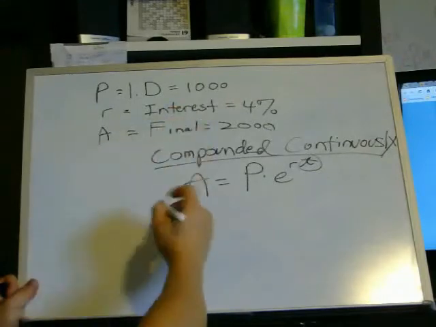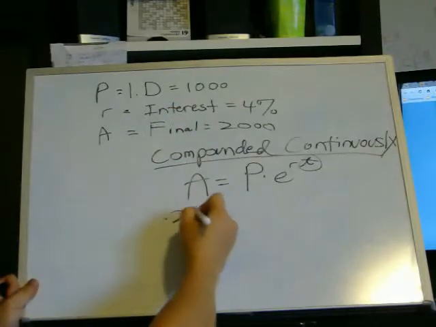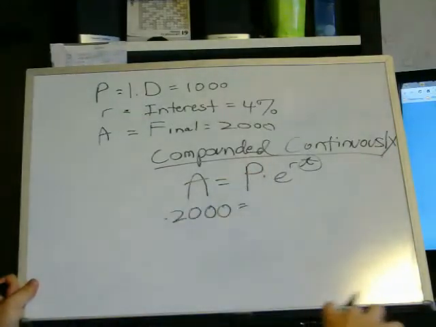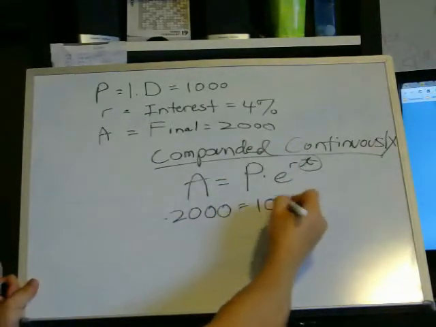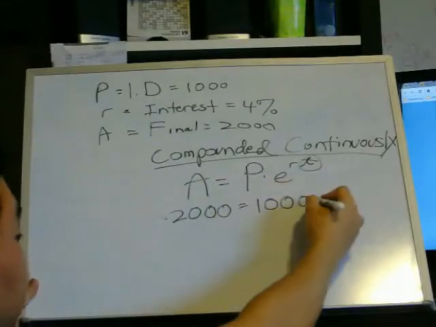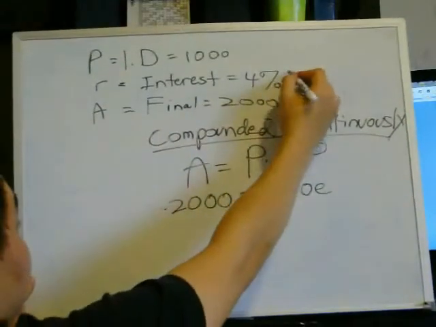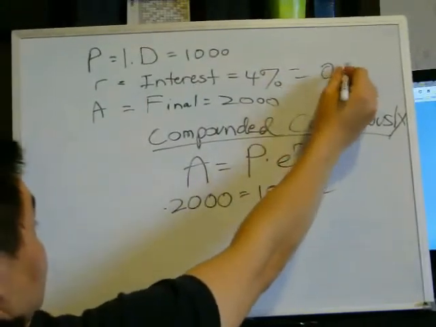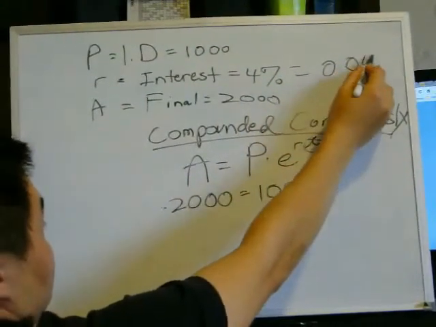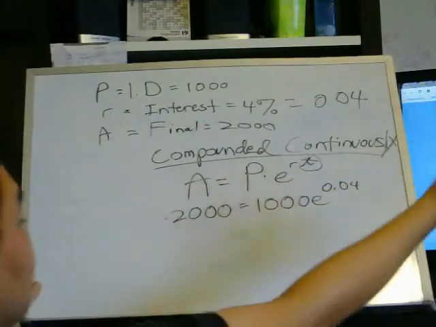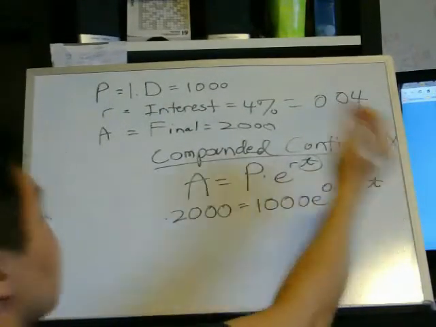So all you have to do is just plug in these numbers. You have 2,000 is A, which equals the initial amount you put, 1,000, times e to the R, which is 4%. In decimal form, it is 0.04, so e to the 0.04 times t.